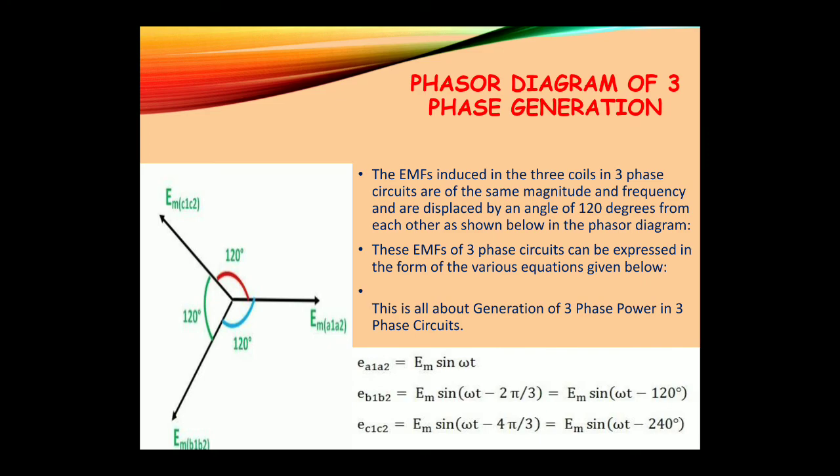So here we can see the magnitude of the EMF in each phase is the same, but the angular displacement between these voltages is 120 degrees. So that is the phasor diagram of three-phase generation.